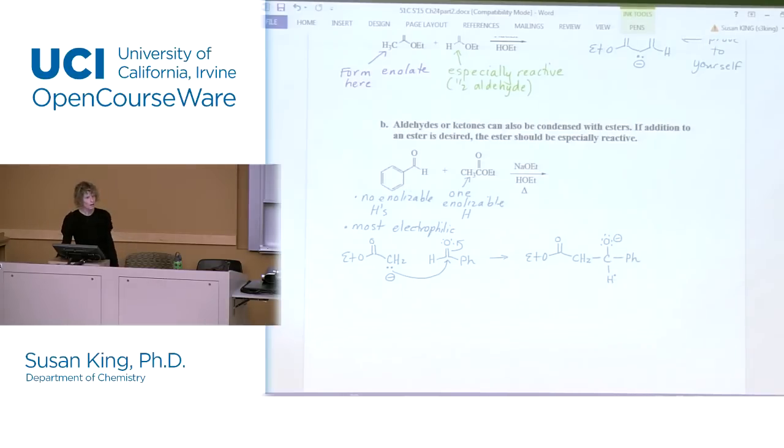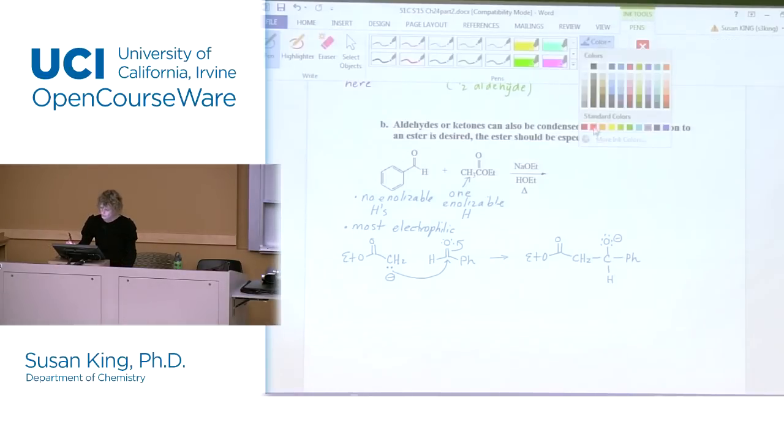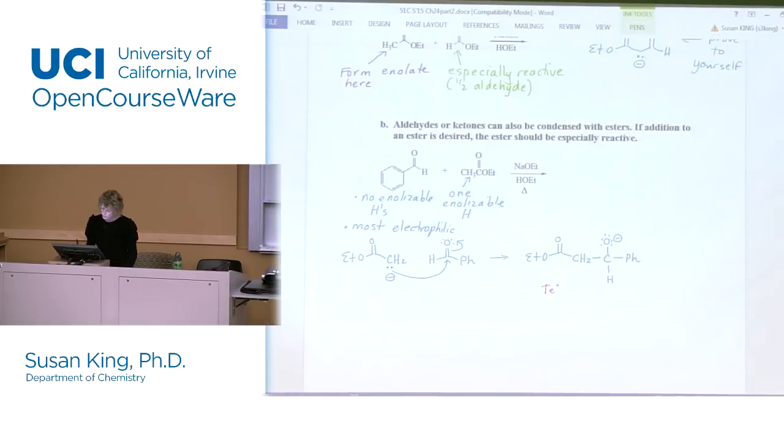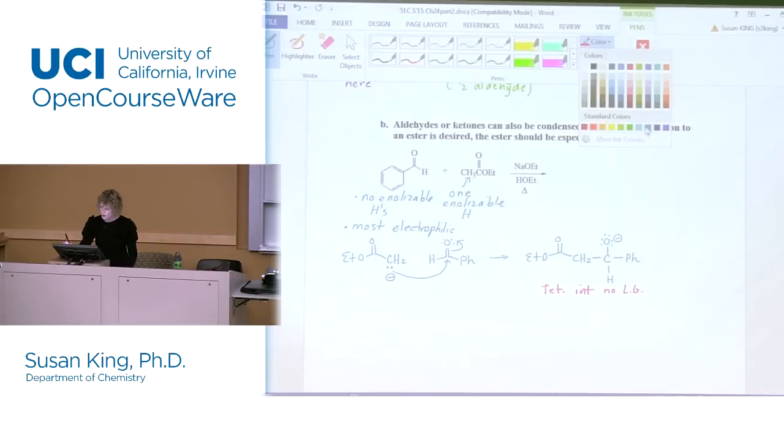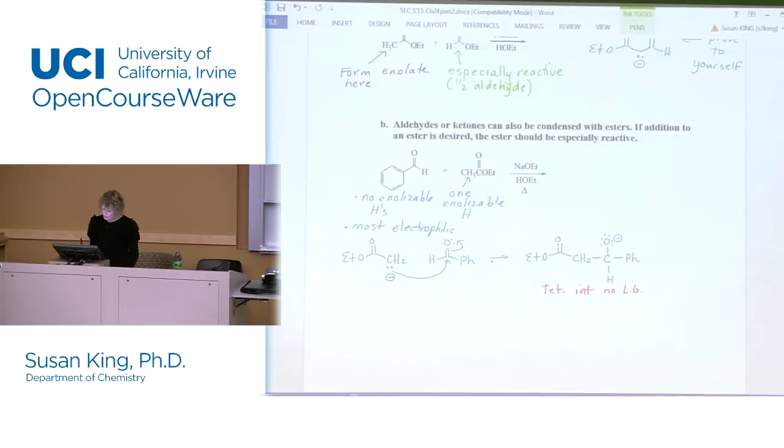So does our tetrahedral intermediate have a leaving group? The only leaving group it has is to reverse itself, and it can reverse itself. But as far as productive leaving groups that are not going back to starting material, we don't have.